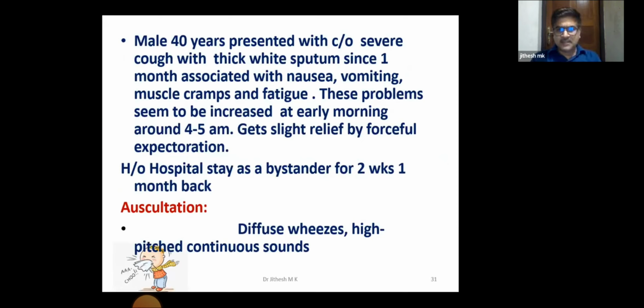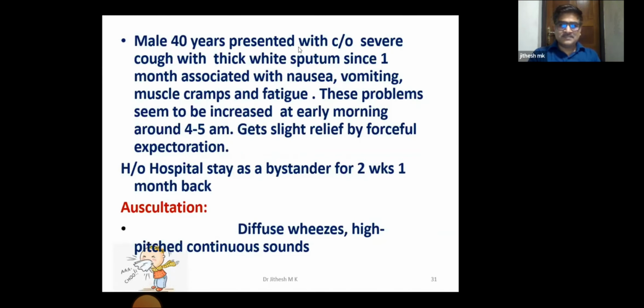And at the same time, he said that I am getting more discomfort, and when I do forceful expiration, the problem gets cured. He can spit out a little thick sputum, and once that sputum has been passed out, again the problem will be cleared. What could be the diagnosis? Again here also, on auscultation, you can get diffuse wheeze with high-pitched continuous sounds. What could be the diagnosis?